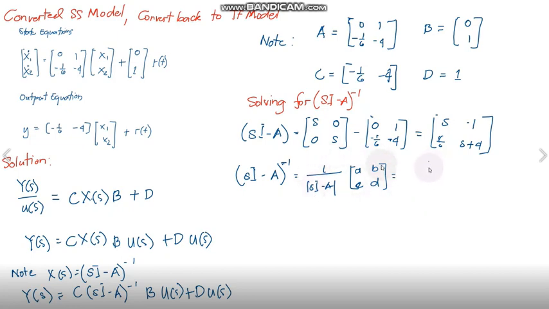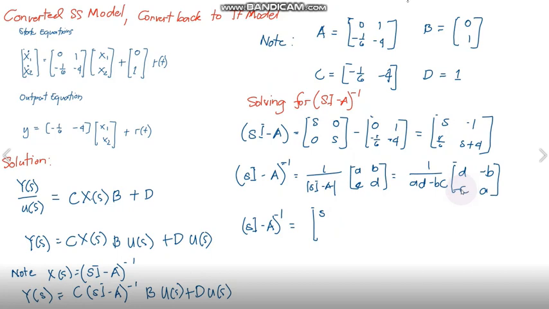This is the standard equation for solving the inverse. For the adjoint, we replace A with D and D with A, and then negate the value of B and C.